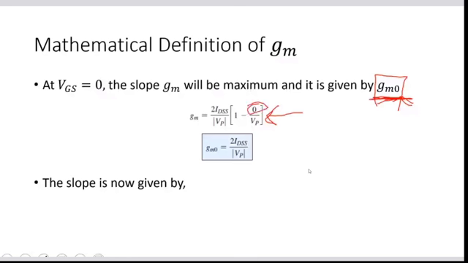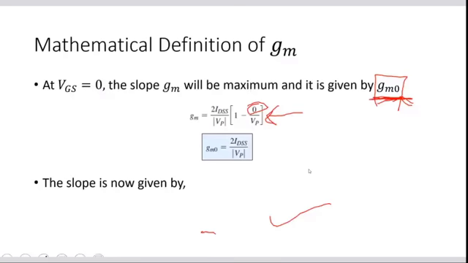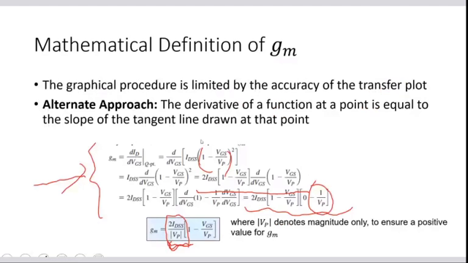Now the slope GM can be written as GM0 times 1 minus VGS by VP, because the term given here is replaced with GM0.